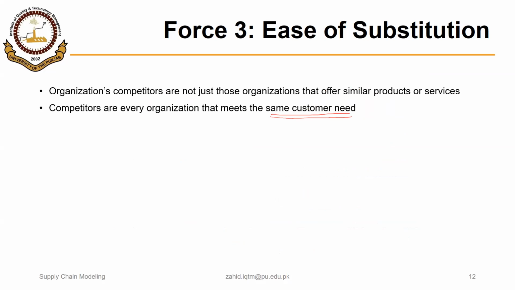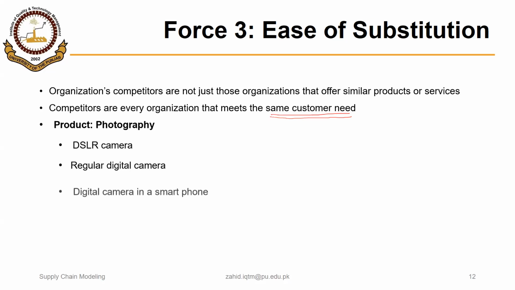Now, for example, for photography, we need a DSLR camera. So an organization is, for example, manufacturing this type of camera, but its competitors are not only those organizations making DSLR cameras, but also the organizations that make regular digital cameras, and even the organizations that are making smartphones, because smartphones nowadays have cameras with good quality.